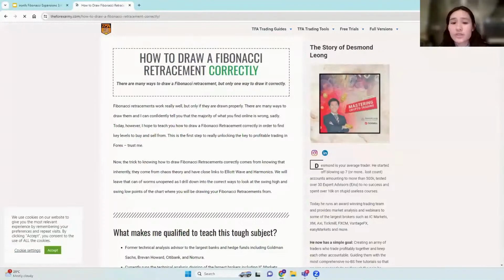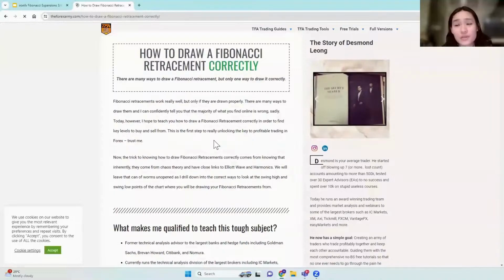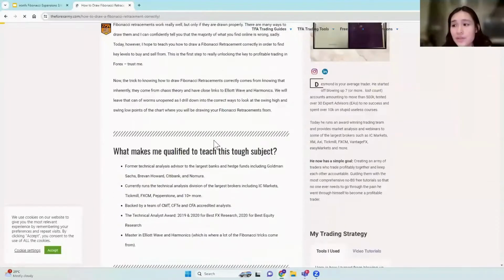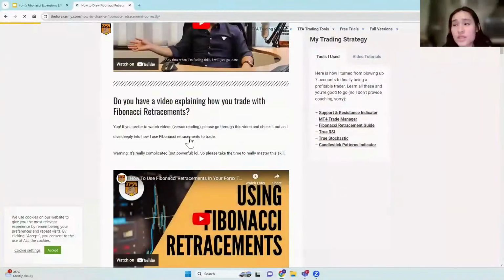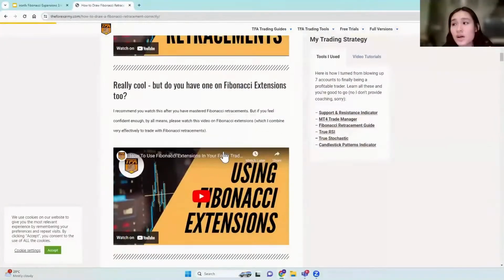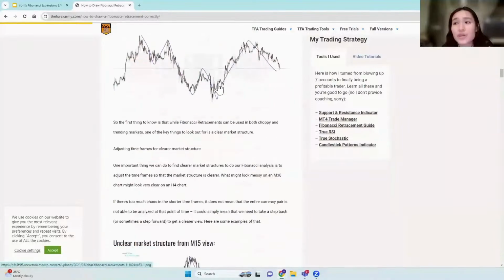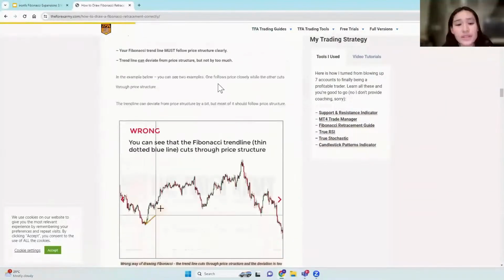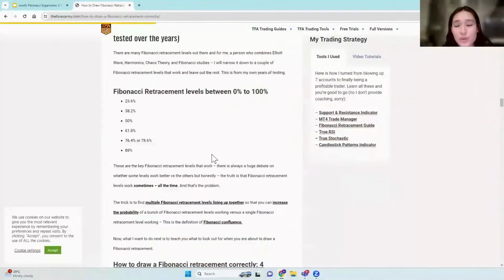You can go on to forexarmy.com and it teaches you how to draw the Fibonacci retracement correctly. There's a video as well on each of the techniques, and then you can look at what you can look out for. Basically everything that I'm going through today, you can also find on this website.